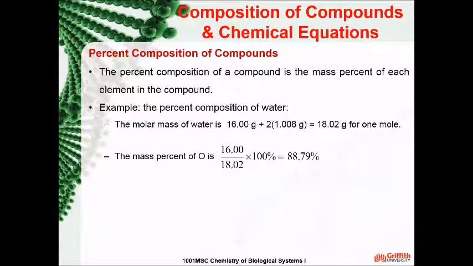So in that 18 grams, 16 is coming from oxygen. So the mass percent of oxygen is 16 divided by 18.02 times 100%, which is equal to 88.79%. For the hydrogen, it is 2.016 divided by 18.02 times 100%, which equals 11.19%.